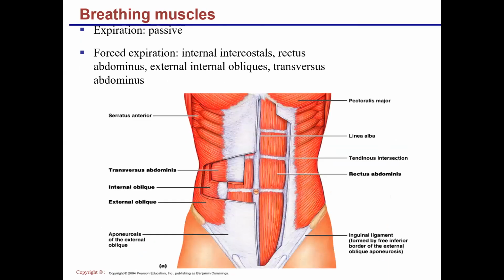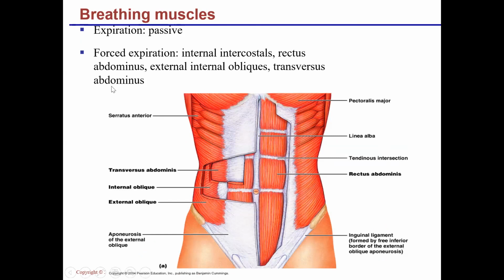For expiration, if it's quiet expiration, no muscle contraction is actively involved in this process. It's just the relaxation of the diaphragm and the external intercostal muscles that allows the air to come out.